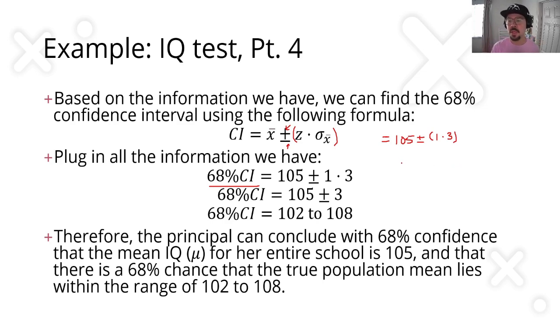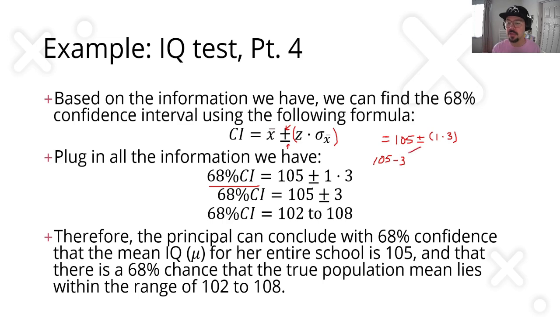Okay. So in this case, let me erase this so we can do 2 different formulas. On this side, we're going to do 105 minus, and 1 times 3 is 3. So 105 minus 3.